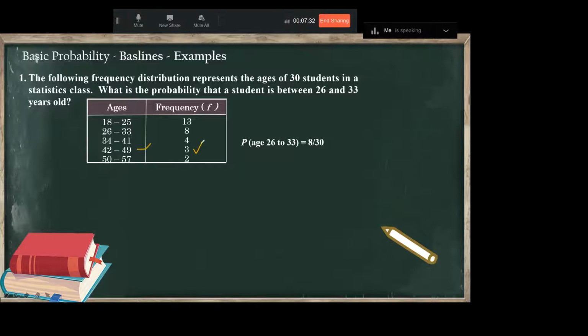Who can tell me? The sum of f, n, is 30. So the probability of age 42 to 49 is 3 by 30, meaning 0.1, and it's 10%.